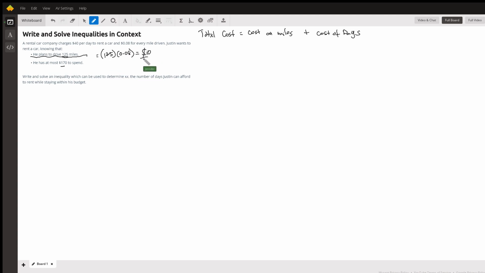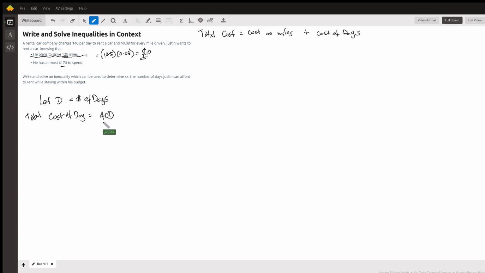So we'll take $10 based on the 125 miles, but the number of days we don't really know, right? So if we say let D equal the number of days, then the total cost of days will be 40D.